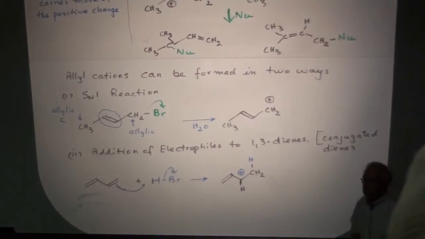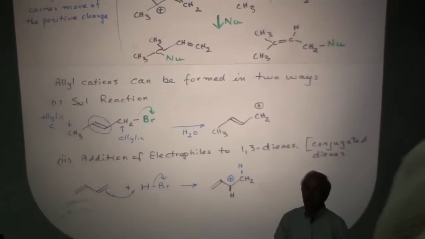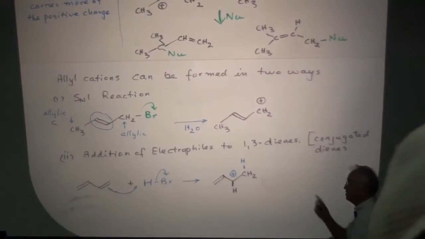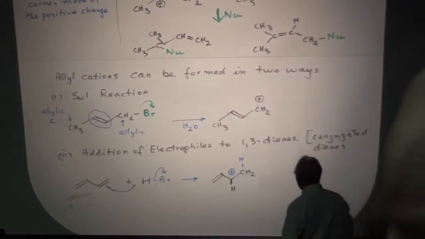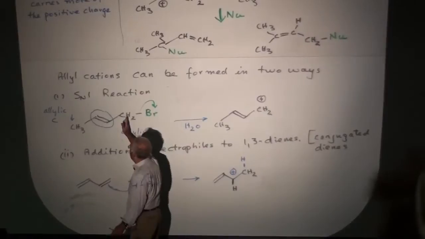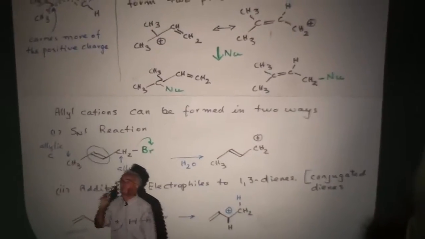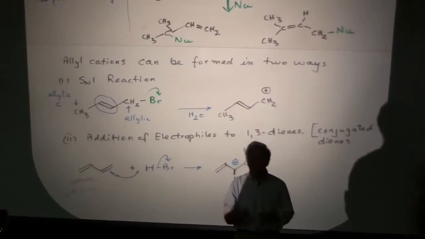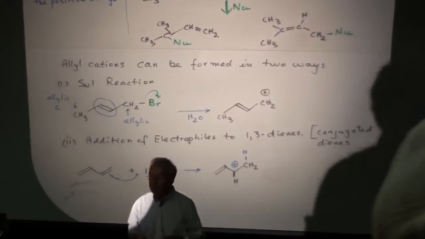They'll also, as we see later, be able to support a radical better. Even a negative charge can be supported better because of the adjacent pi system. So you need to recognize that the allylic position gives special kinds of reactivity because of the conjugation and the resonance effects.